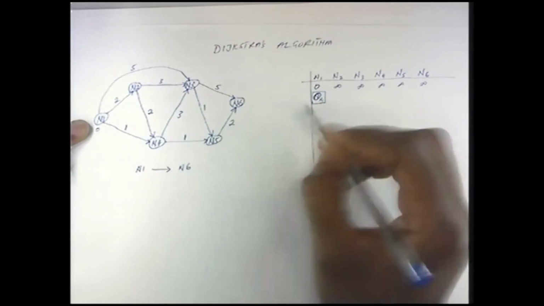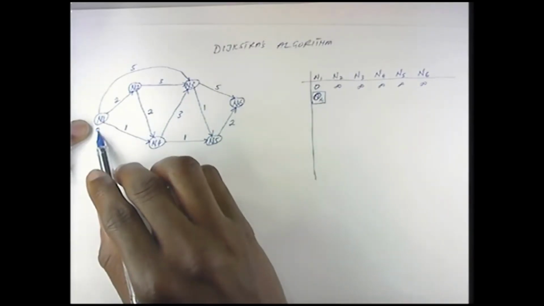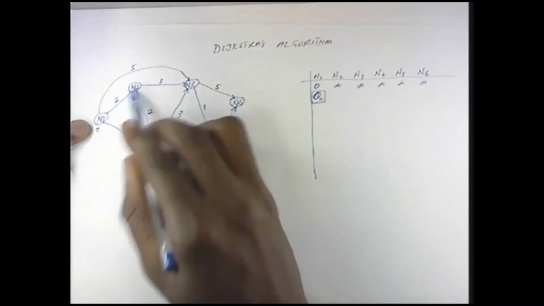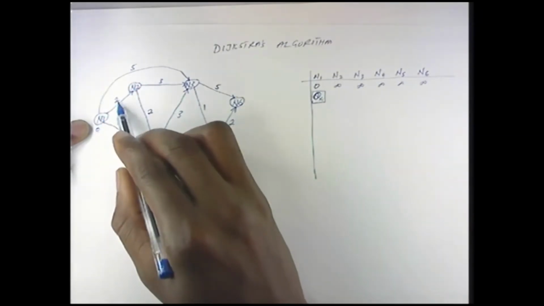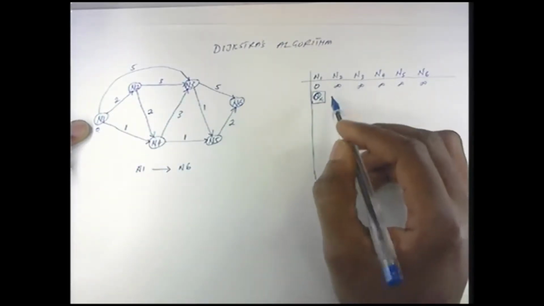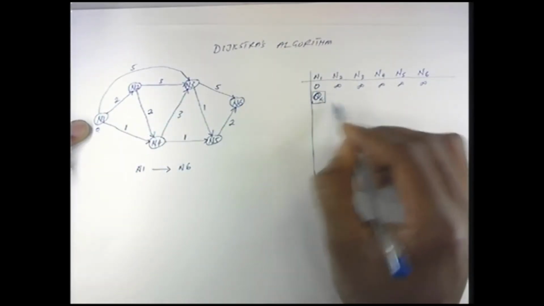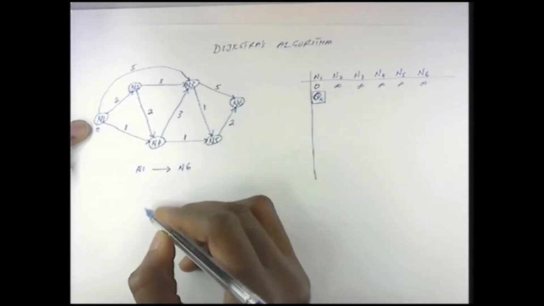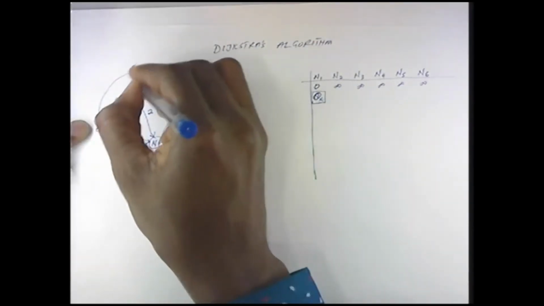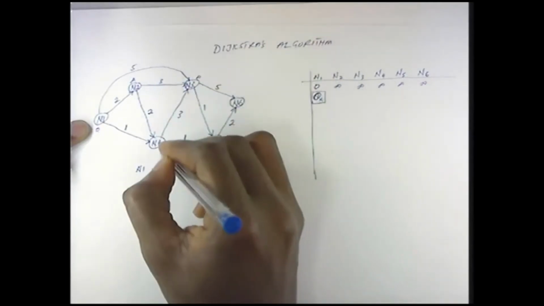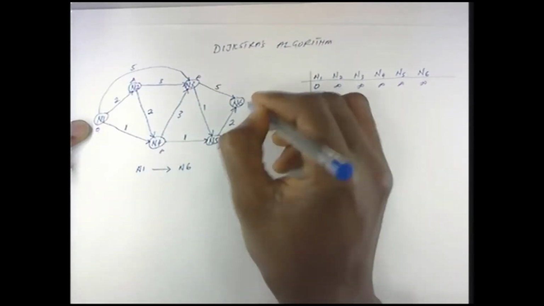The cost at node 1 is 0. The cost of going to 2 is 2. So 0 plus 2 is 2. Now I compare that value to the current state of node 2. Remember, initialization, the value of all these is infinity.